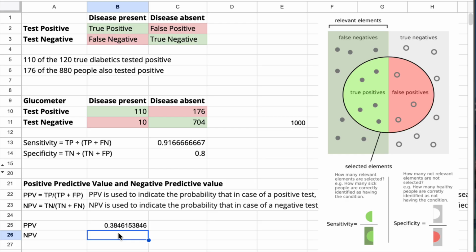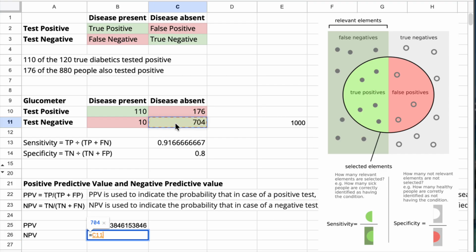Now, suppose you get a negative test. Are you in the clear? Well, let's check what the probability is that you do not have the disease. You can simply take the true negatives down here. The TN is your true negatives.